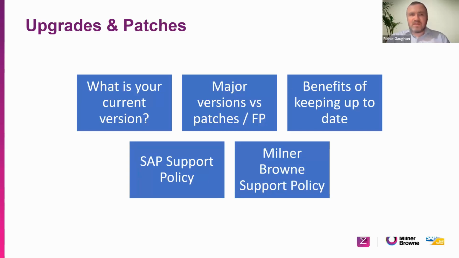Feature pack upgrades are less intensive, and so usually within a day or so we can upgrade your system using a feature pack. A major version upgrade is something that should be much more considered. We have to look at what's connecting into your system, what add-ons you have, whether they are compatible with the latest version, whether we need to obtain a new copy of those, and so on.